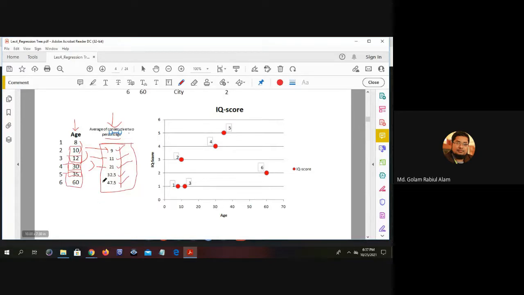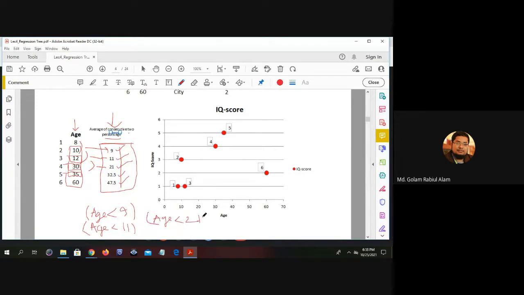That means we can consider like here is 9. So A is less than 9. So this is one splitter. And A is less than 11. This is another splitter. And A is less than 21.